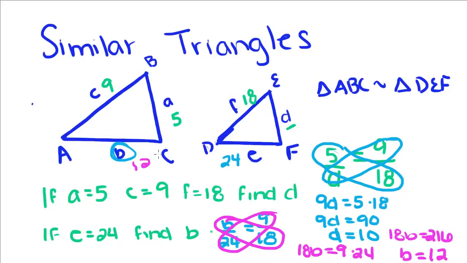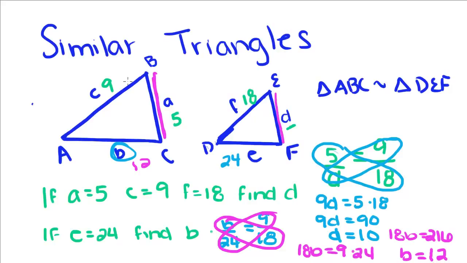Okay. So the thing to remember when we're setting up these proportions to find the lengths of these sides, we want to keep the proportions consistent. So in the first one, I started with 5, which is this side of this big triangle. So I'm going to put that over this side of the little triangle.